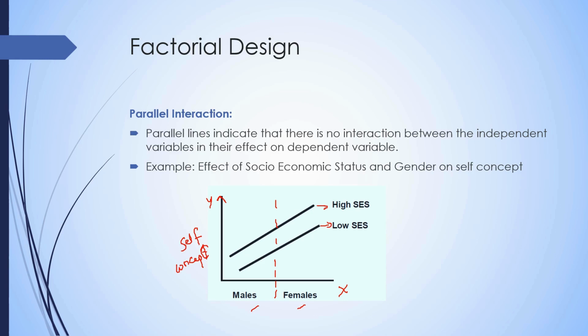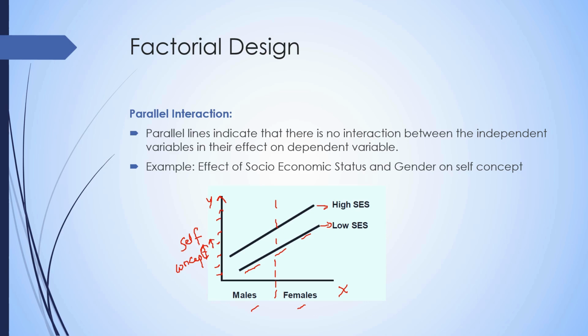So how do we read this graph? We say that whoever falls on this line, males or females, has high socio-economic status. Okay, whoever falls on this line has a low socio-economic status. So when you read the graph, you know this is the positive part. This would be increasing this way.